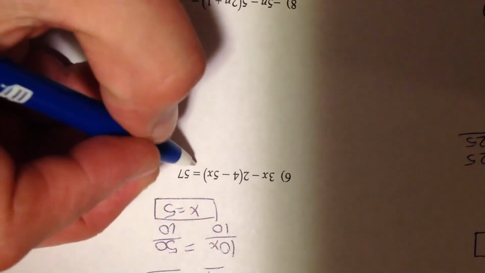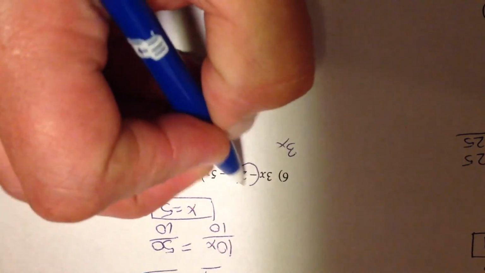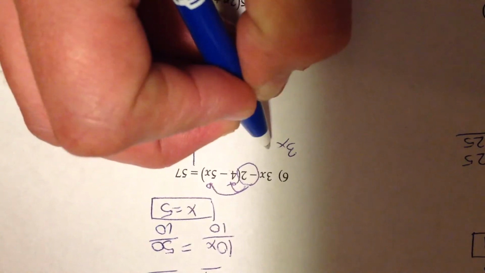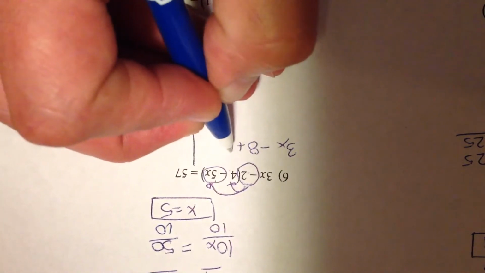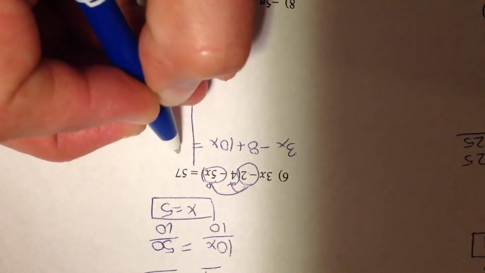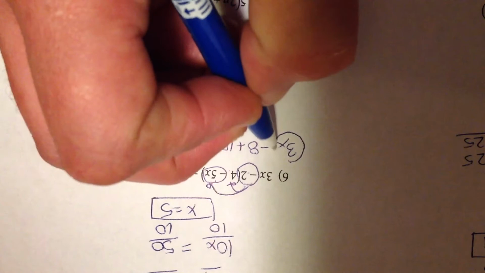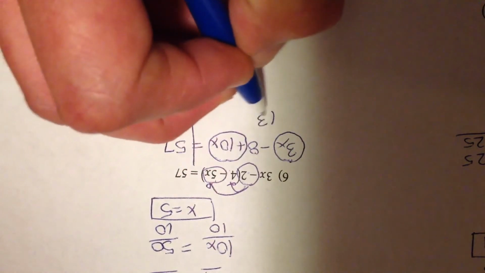In the next equation, I'm not distributing the 3x. I am distributing the negative 2. So I have negative 2 times 4, that's negative 8. And I have negative 2 times negative 5x, that's positive 10x. And that altogether equals 57. What I can combine on the left side, before I move anything, is 3x plus 10x, that's 13x.